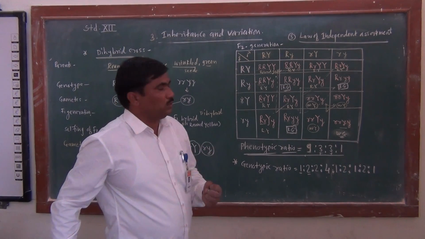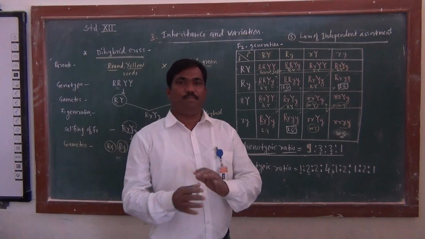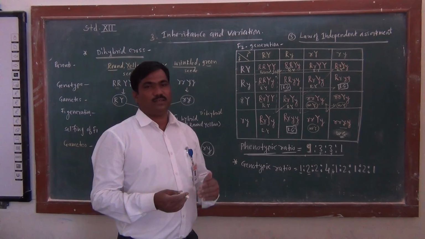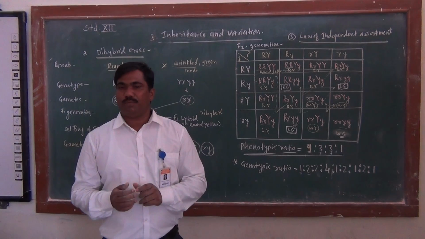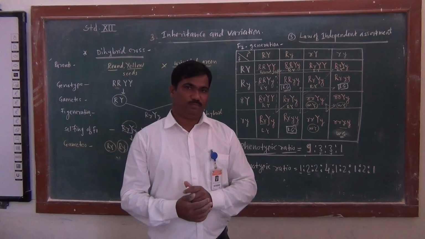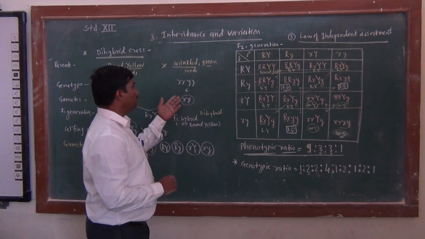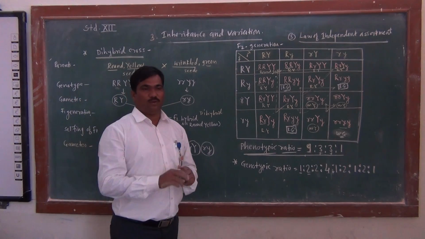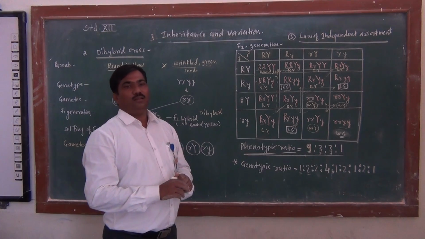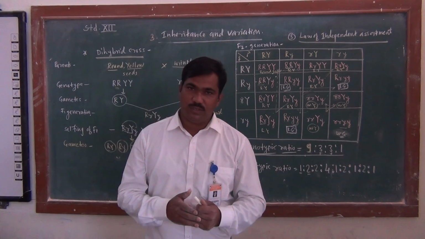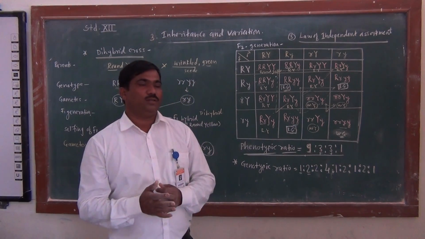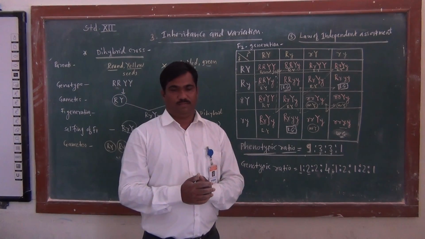This dihybrid cross is only applicable when the genes are present on separate chromosomes. If these alleles or factors are present on the same chromosome, then they become linked with each other, they show linkage, and they do not assort independently.